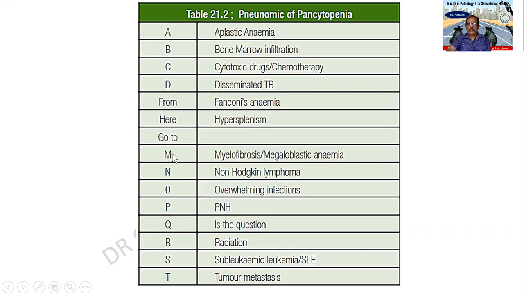Go to M, myelofibrosis or megaloblastic anemia, N, non-Hodgkin's lymphoma, O, overwhelming infections, P, paroxysmal nocturnal hemoglobinuria, as well as pernicious anemia. You can include pernicious anemia. Q is the question. And the other causes are R for radiation, S for subleukemic leukemia, and T for tumor metastasis.